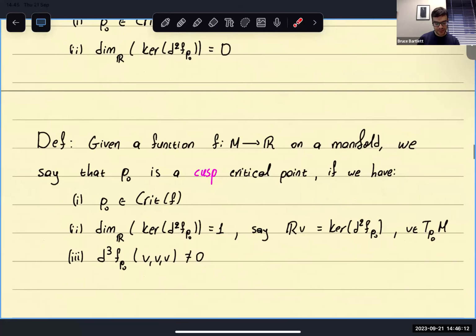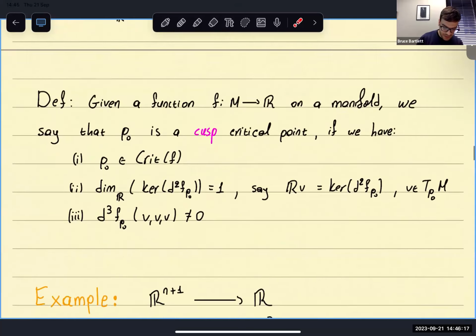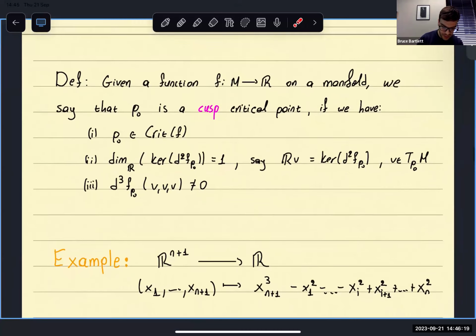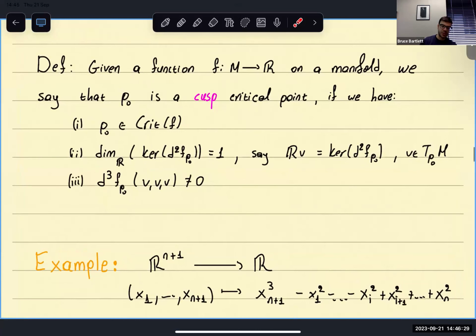Okay, so I'll give you the definition and also the example to keep in mind together. So a cusp critical point, if you give me a real valued function, is going to be a critical point. It's no longer going to be of Morse type. So what's the nicest way we can make it not be of Morse type?